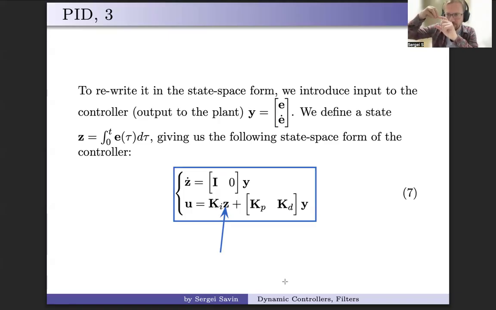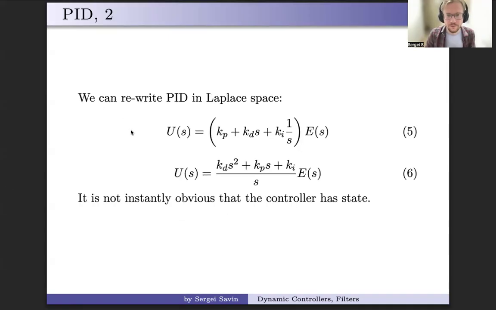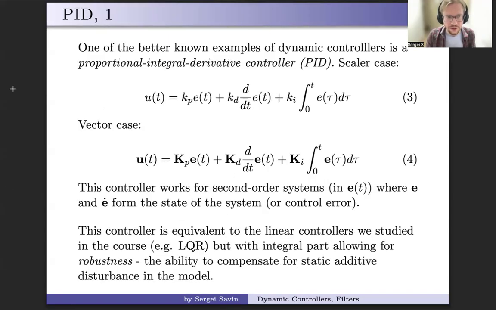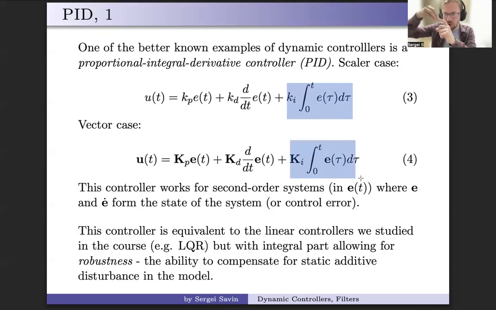This integral part will continue to grow because it integrates error. So if we go back, the integral part here integrates error. If we are stuck in the wrong position, error is not zero, so it is going to keep integrating, and this value is going to keep growing.